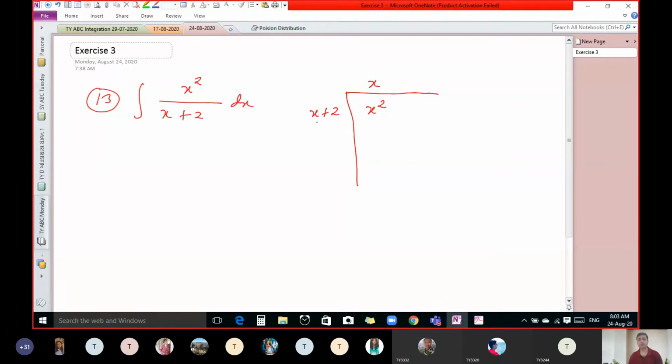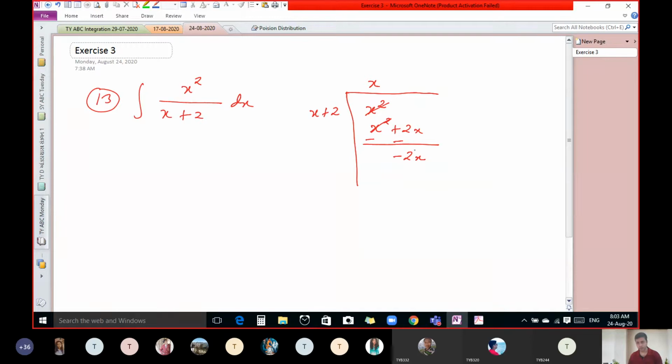Now multiply this x with these two terms: x and x plus 2 by x, we get x square plus 2x. Then we change the sign, so this will cancel and we get minus 2x. Nothing else is left here, so just keep this as it is.